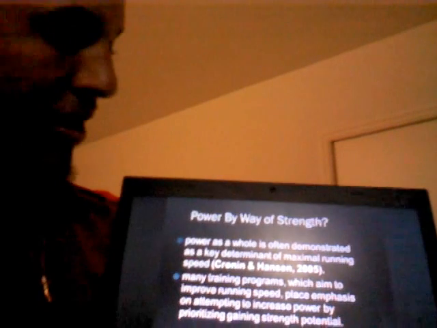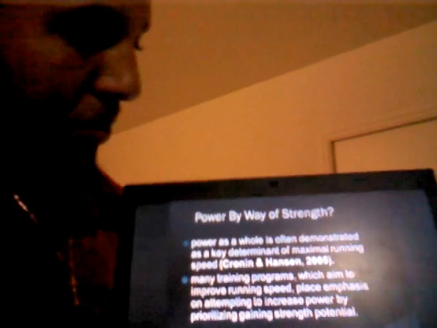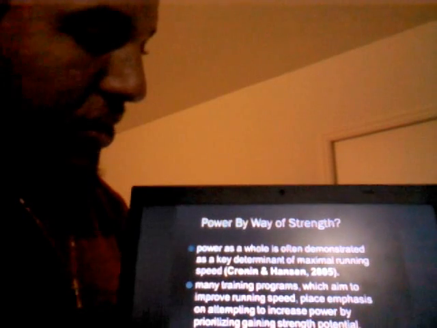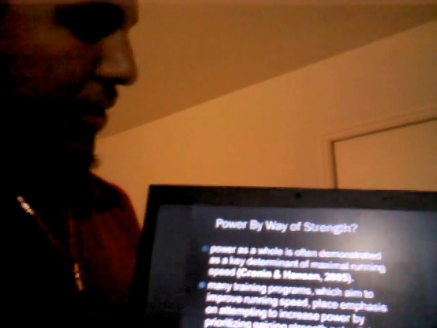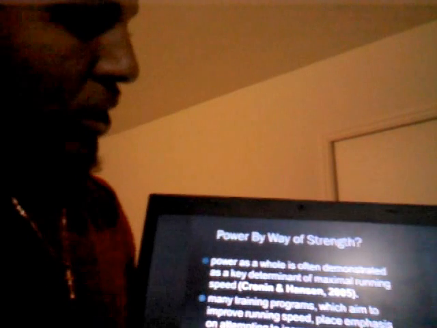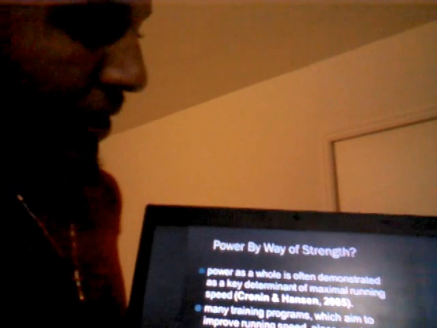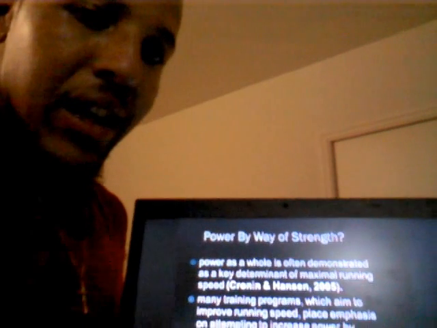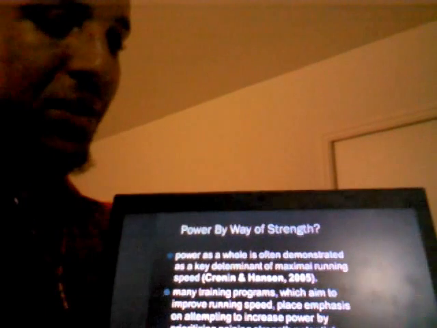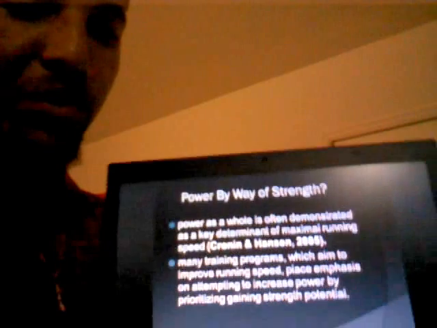But from my experience and from doing studies and looking at the literature, it definitely seems as if coaches tend to prioritize strength and whatever velocity training they can get concurrently while the athlete is lifting heavy, and that's how they'll go about trying to improve power.